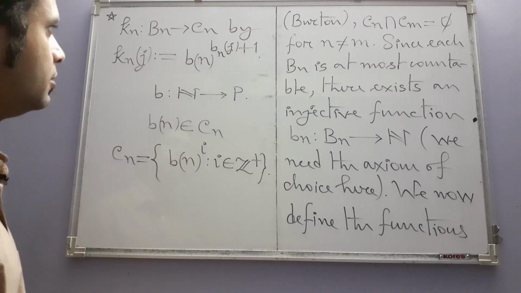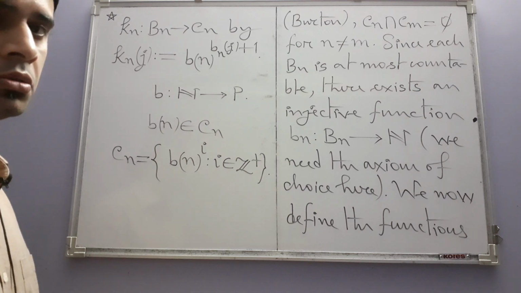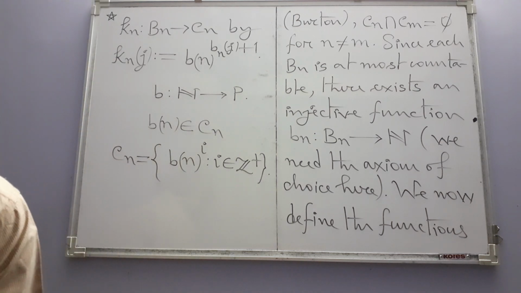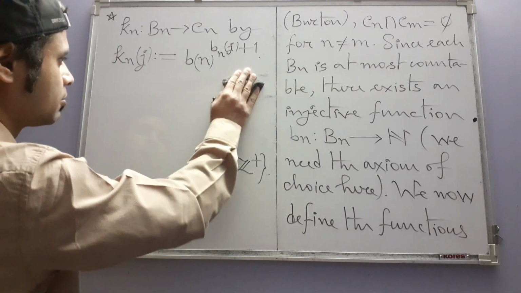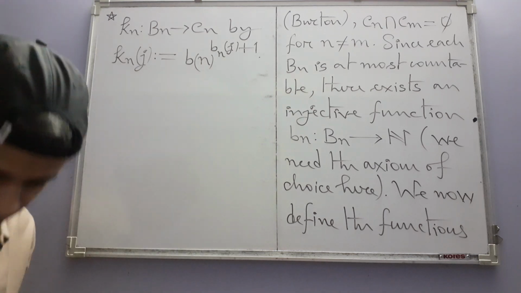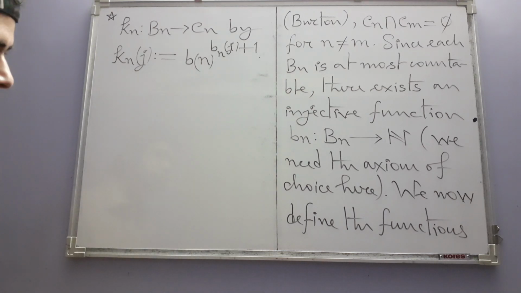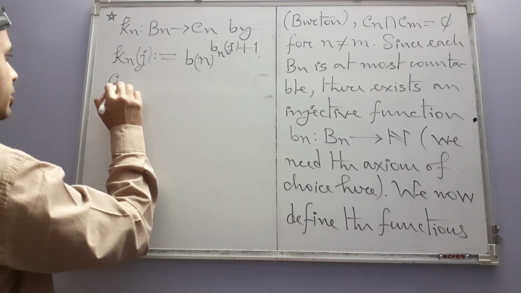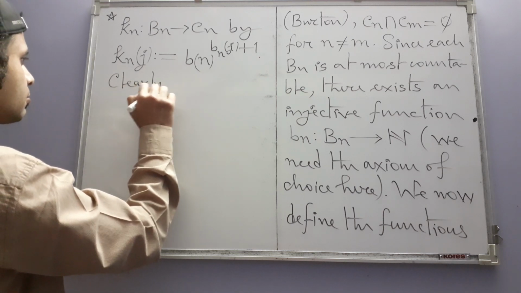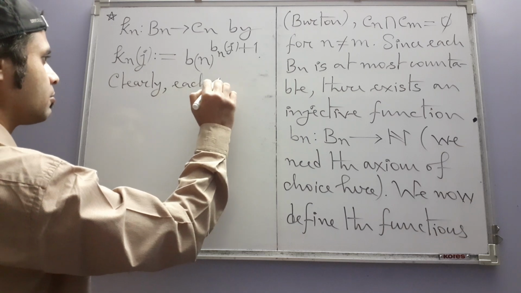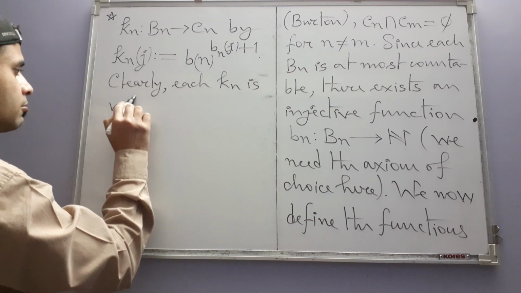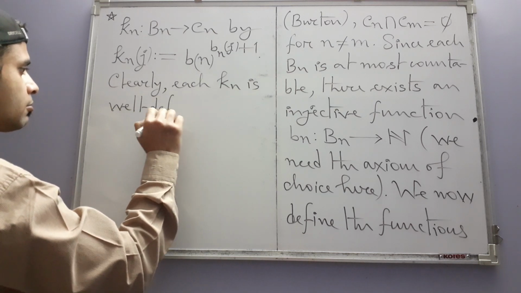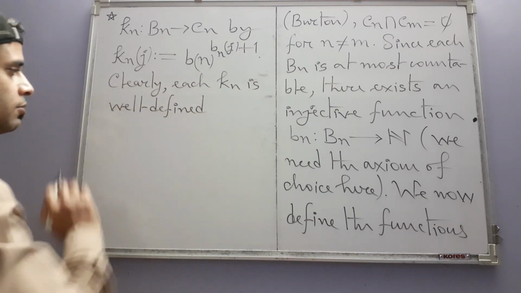So that is why each Kn is well defined. So we are going to now write the fact like this. We will just simply write: clearly, each Kn is well defined.